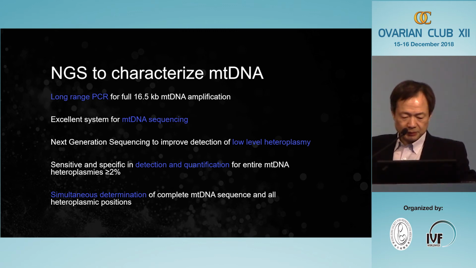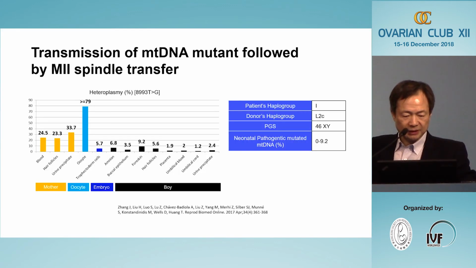Using next-generation sequencing, you can see the comparison between the oocytes and the embryos, and in different tissues the mutated DNA is reduced dramatically.